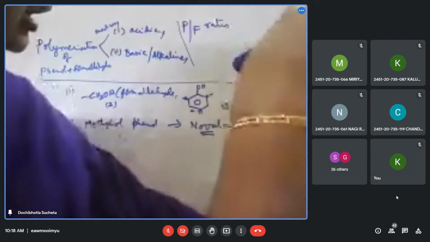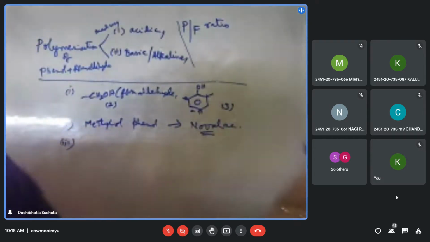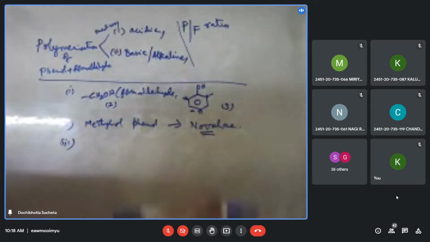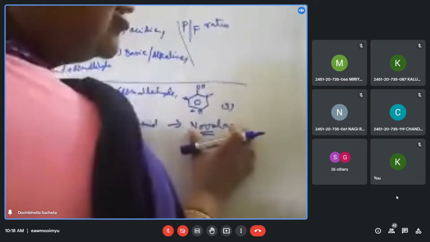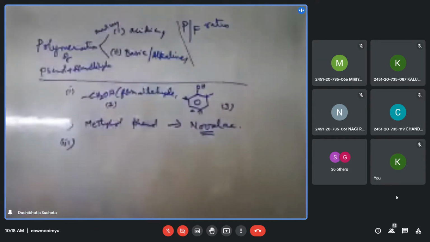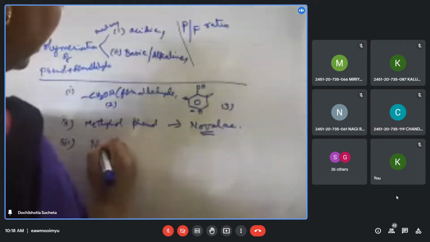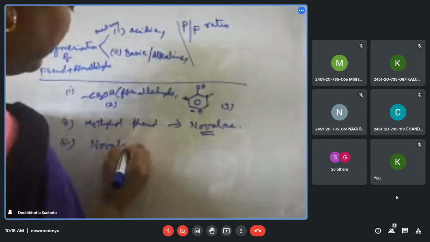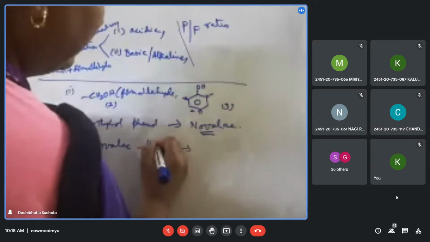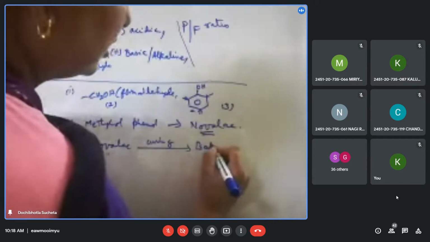That means temperature and pressure, at around 60 to 80 degrees centigrade, in the presence of a reagent like hexamethylene tetramine, like urotropine, which provides further formaldehyde molecules, and on curing will form the bakelite. This is linear, this is a cross-linked structure.